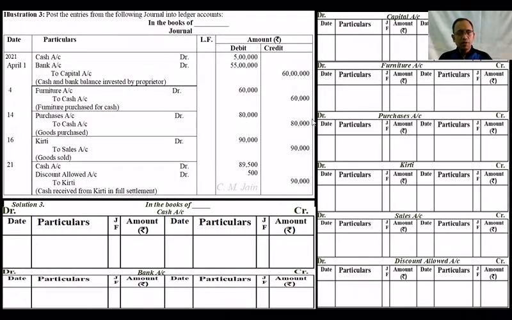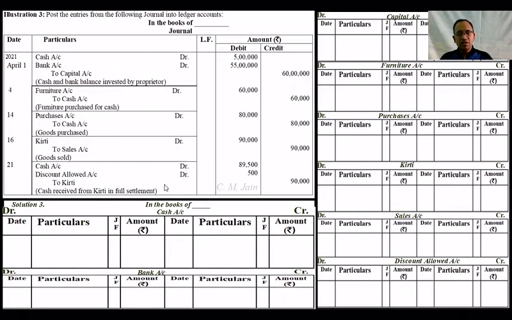Made? Okay. Let's see how we post in ledger from journal. First entry is cash account debit. So in ledger of cash account, we will write on debit side. What will we write? Because of which account cash is being debited. We will see which account is credited in this entry, capital account.